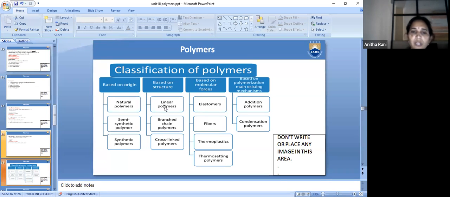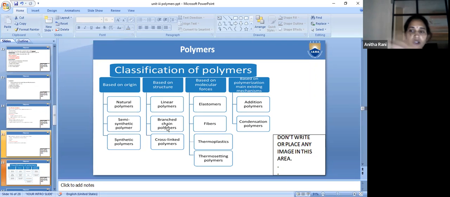Based on structure, there are three types: linear or straight chain polymers, branched chain polymers, and cross-linked polymers. For example, bakelite is a cross-linked polymer, and polyethylene is a straight chain polymer.